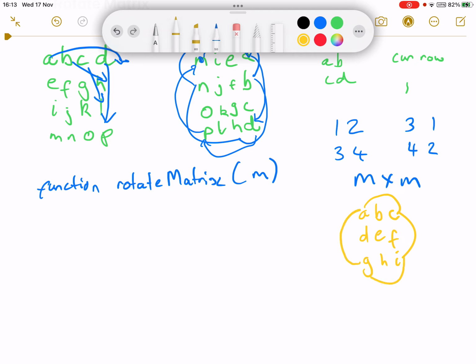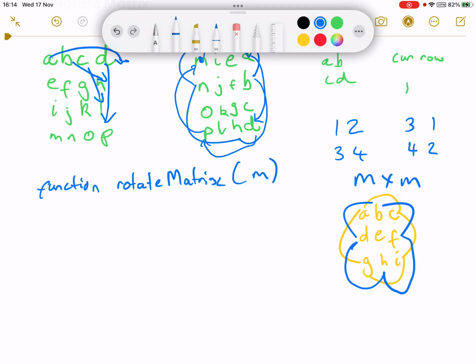That goes here. And then finally, that goes here. That goes there. That goes there. And the thing in the middle just stays there. So I'm going outside up till the midpoint.